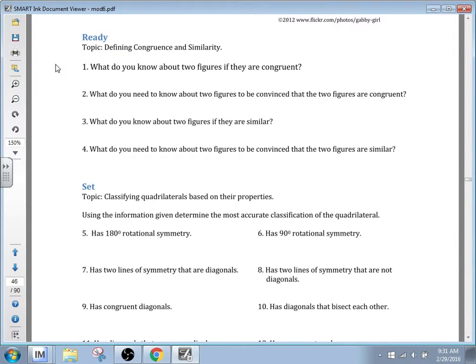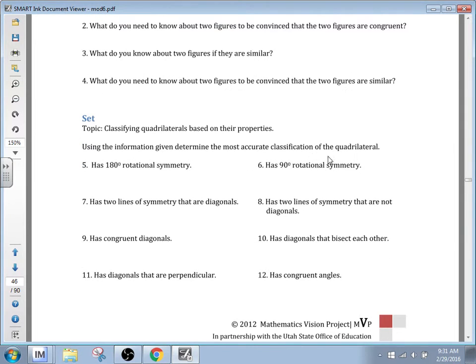The first section is just going to be a review of what we just went over. What is congruence? What is similarity? Etc., etc. Just going to have you do a little brain dump on that. This is going to ask you about some symmetry. It's going to have you think about some of the lines of symmetry and some of the diagonals that we've done up to this point. This is, again, kind of review. Just come up with a shape where this is true.